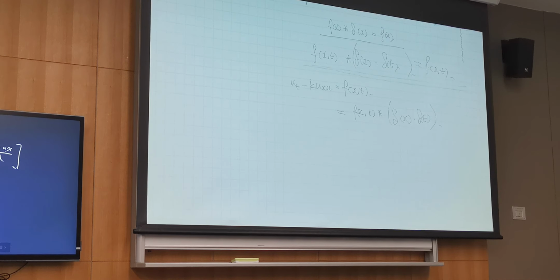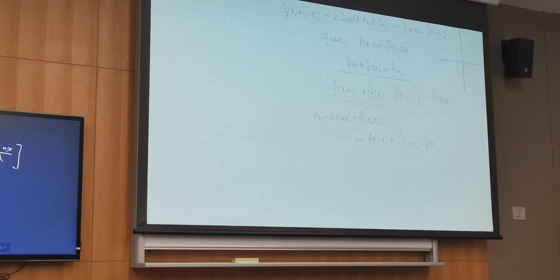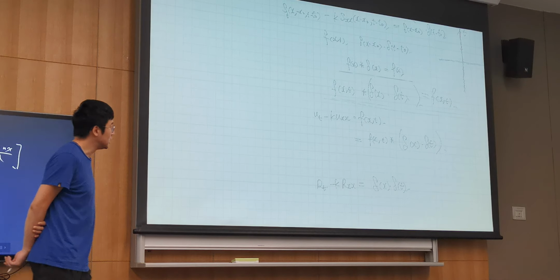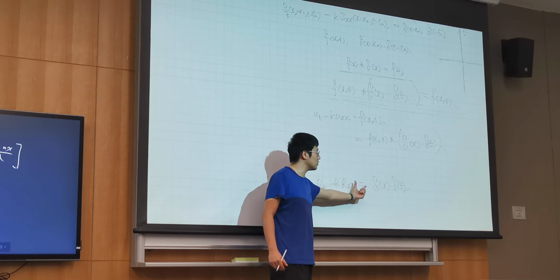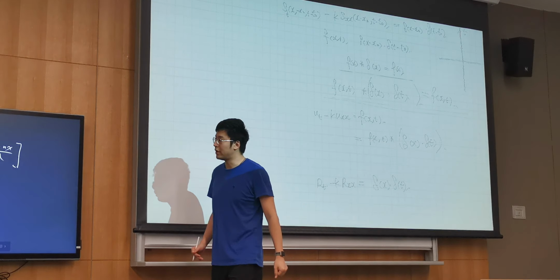But you see, if we can already solve for R, with R_t minus k R_xx equals delta x multiplied by delta t, then what would we have?